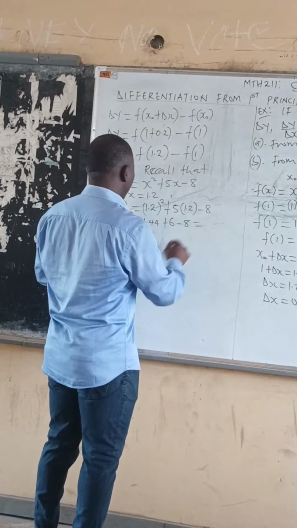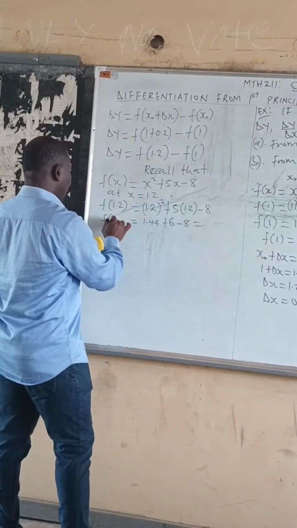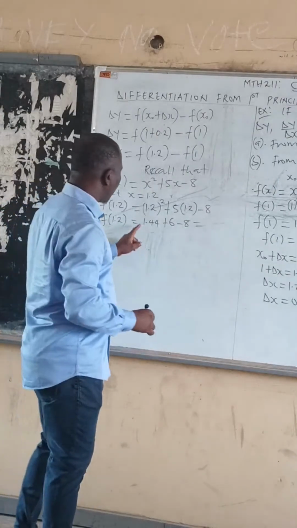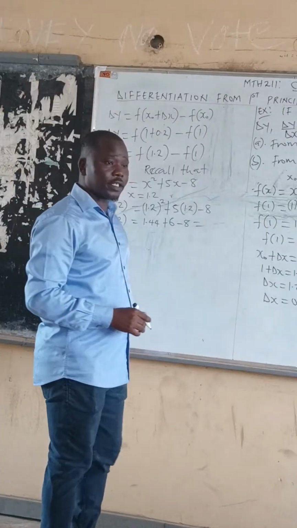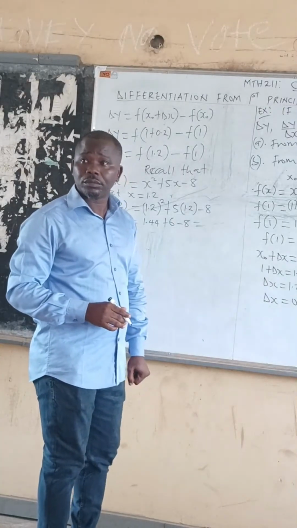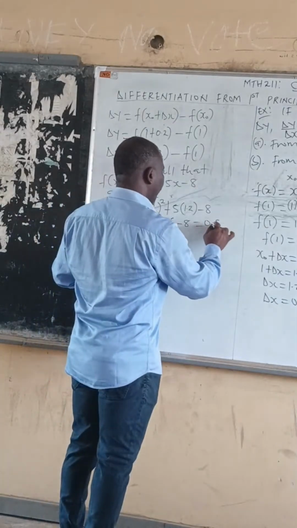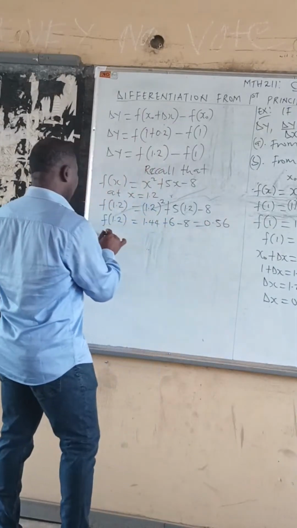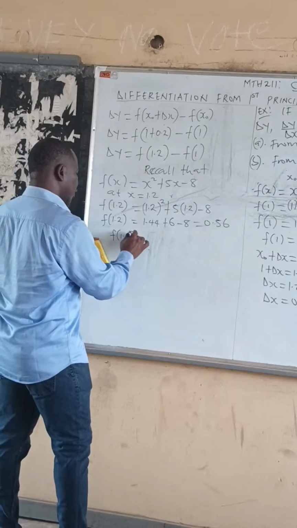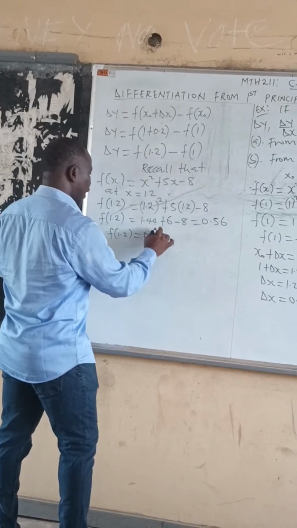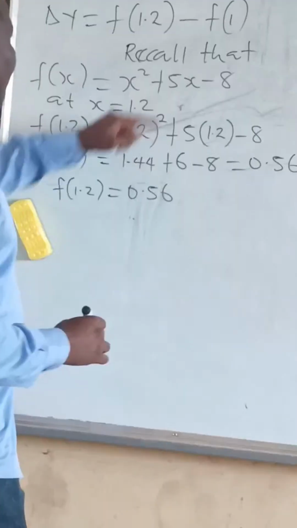Minus 8. I have our f of 1.2. Add this up, minus 8. What are you supposed to have? 0.56. It means our f of 1.2 gives us 0.56. Amen?